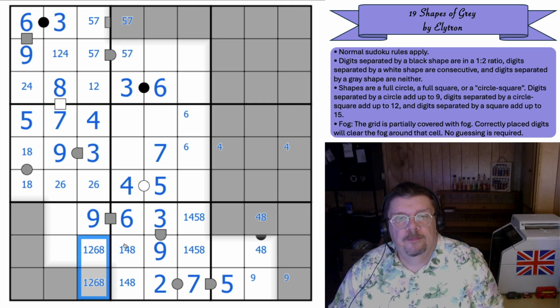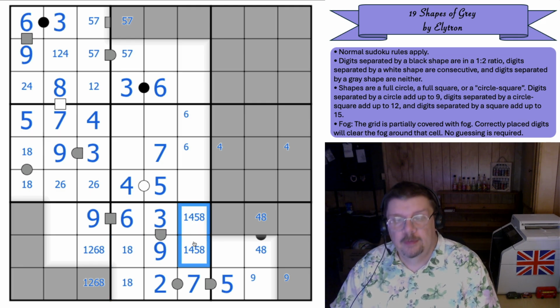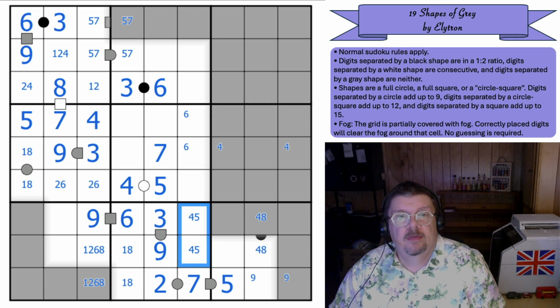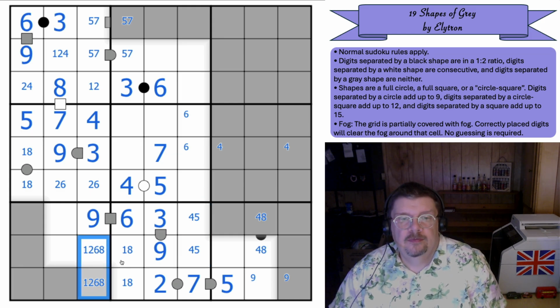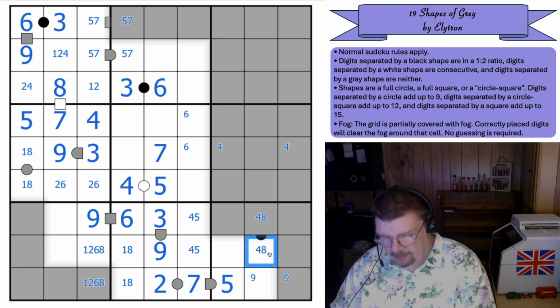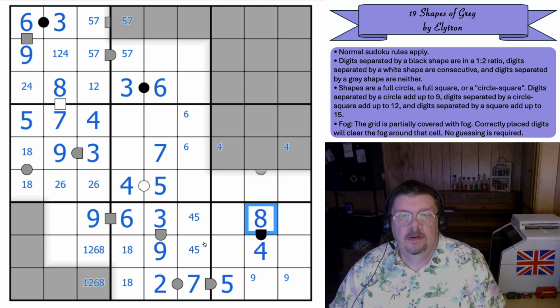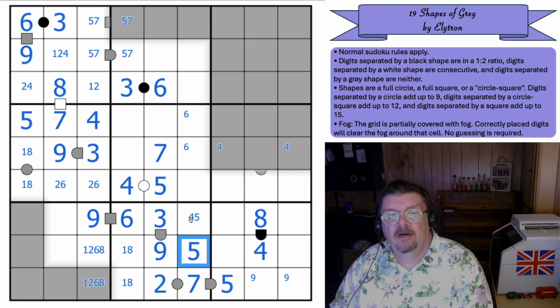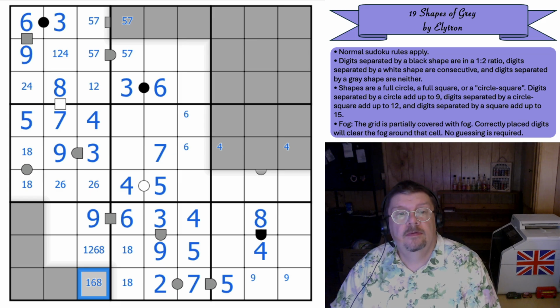Ah, this 4 means that that's not a 4 there. So we get a 1, 8 pair, and that gives me a 4, 5 pair there. And 8 is in one of those two. 8 is in one of those two. That uses up all of the 8s in rows 8 and 9. So that can't be an 8, that's a 4. And that's an 8. That resolves this 5 and 4. That is not a 2.